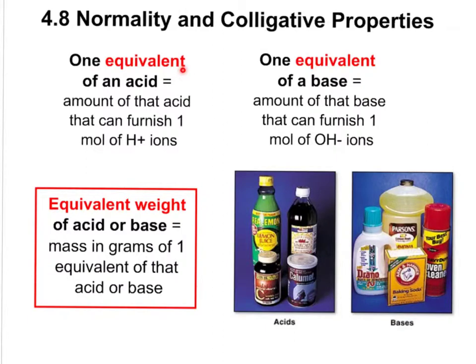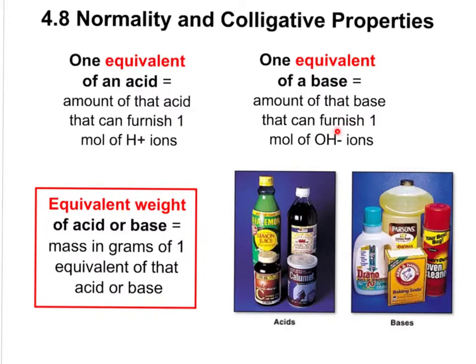When we use this term, we're usually referring to an acid or a base, and one equivalent of an acid would be equal to the amount of that acid that could furnish 1 mole of hydrogen ions. And then when we talk about one equivalent of a base, we're talking about the amount of the base that could supply 1 mole of hydroxide ions.